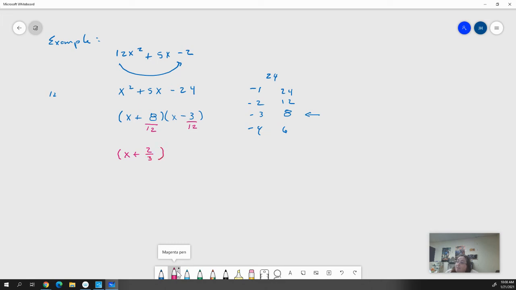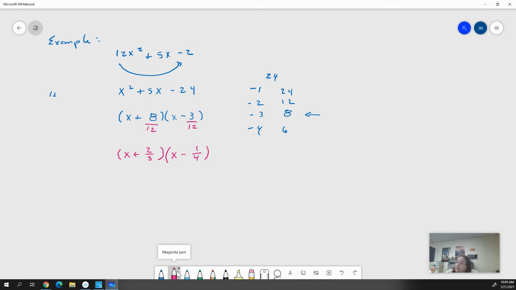So now I have x plus 2/3, right? Here, everything's divisible by 3, so I get x minus 1/4, right? 3 divided by 3 is 1, 12 divided by 3 is 4. So I've got that. Now these are completely reduced fractions, right? I can't make them any smaller.